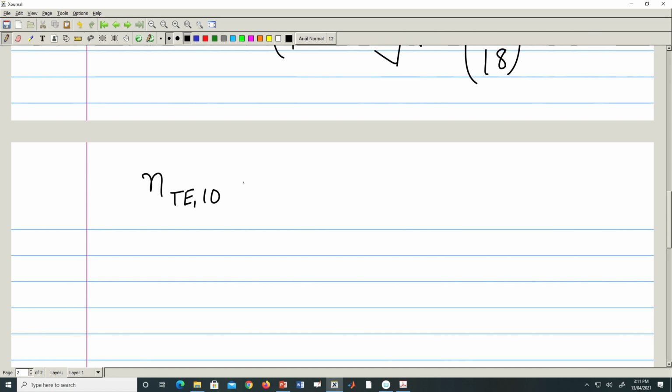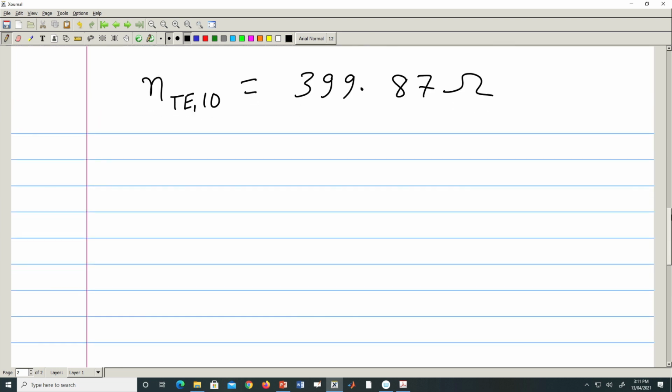Now, for the TM11 mode, again we have to calculate the cutoff frequency, then we will get the wave impedance for the TM11 mode. To calculate the cutoff frequency, we can go by the same method. So, this is Fc for 11, because this is mode independent. Fc for 11 will be u by 2a square root of (m by a) whole square plus (n by b) whole square.